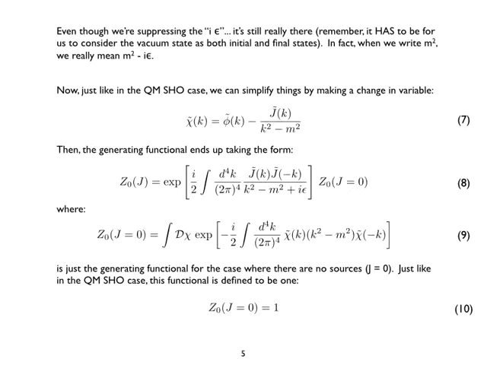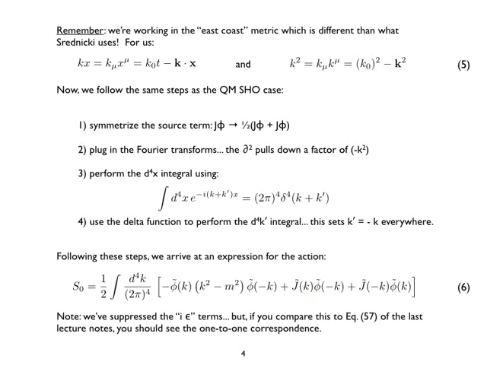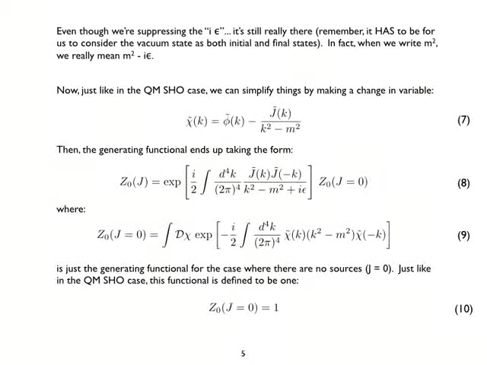What we end up with looks like the action without any source terms, being multiplied by a piece that only has source terms. You guys remember that? Do you remember that result?